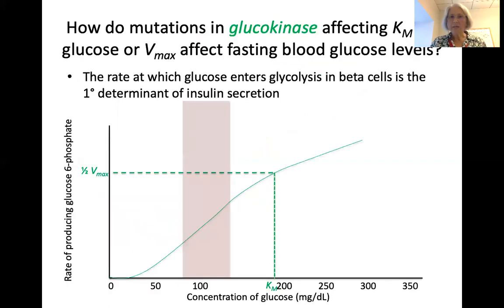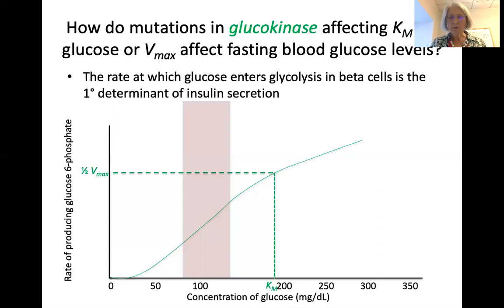Well, let's think about it in terms of people who inherit mutations in glucokinase that affect the Km or the Vmax. This can give them differing levels of fasting blood glucose compared to typical.